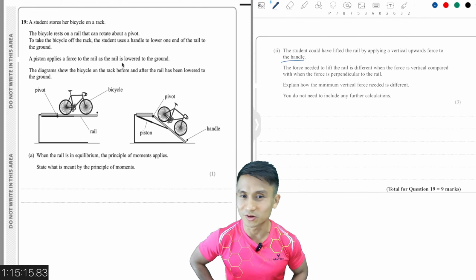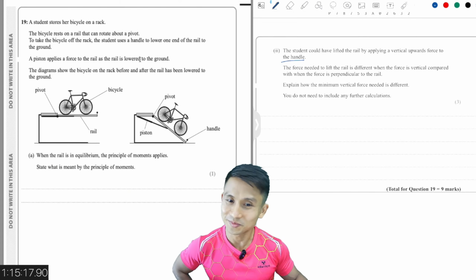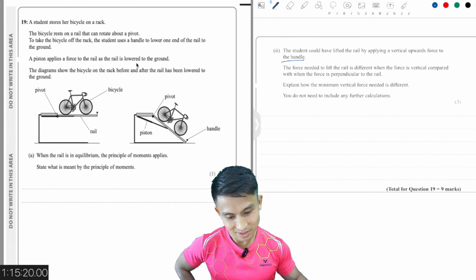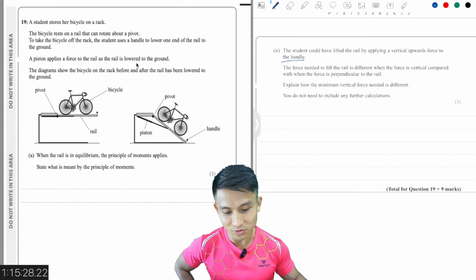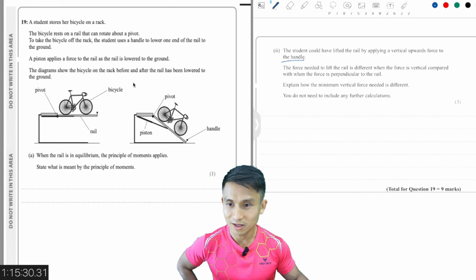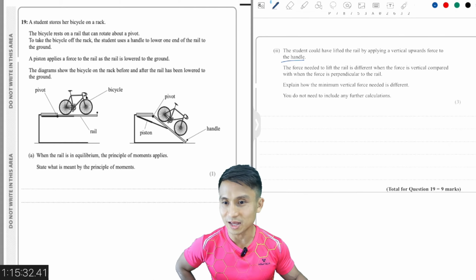I'm not sure now. Could have lifted the rail by applying a vertical upward force to the handle. I mean, it's not possible to lift the handle of the bicycle, so it must be the handle of the piston, I think. Right, don't you think? Yeah.